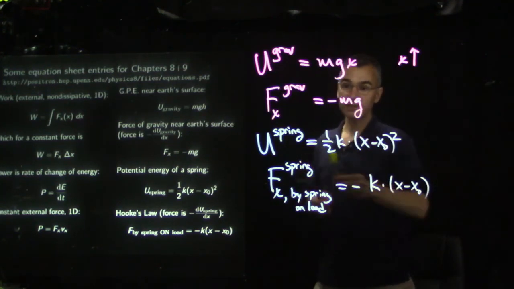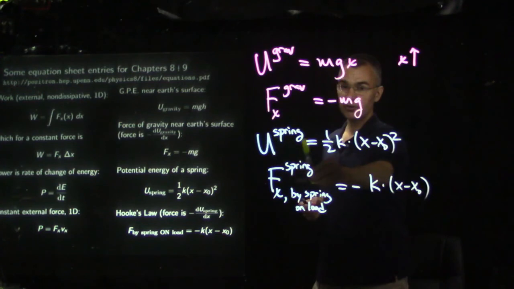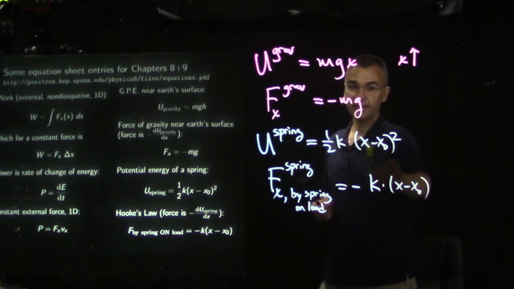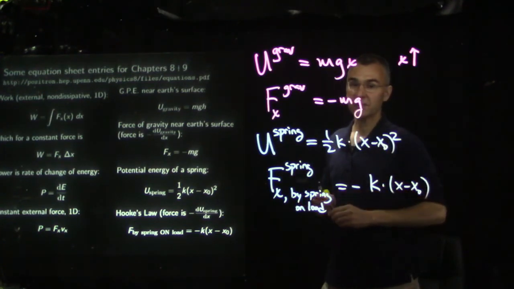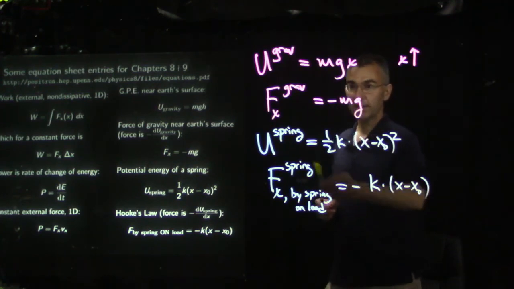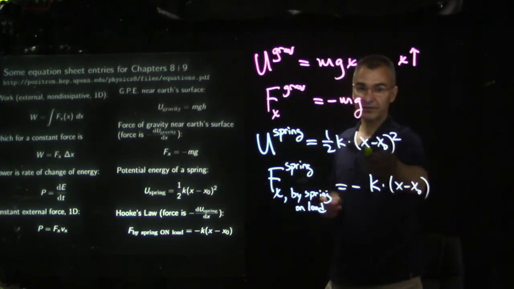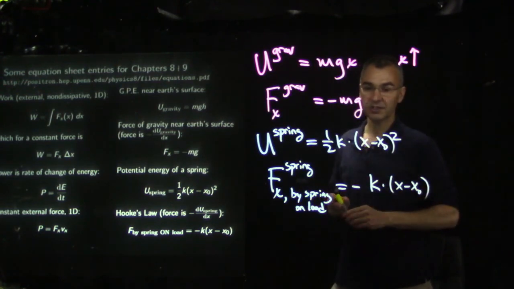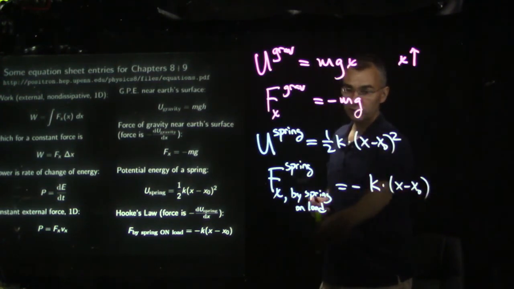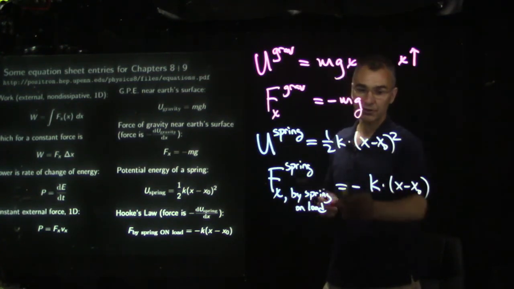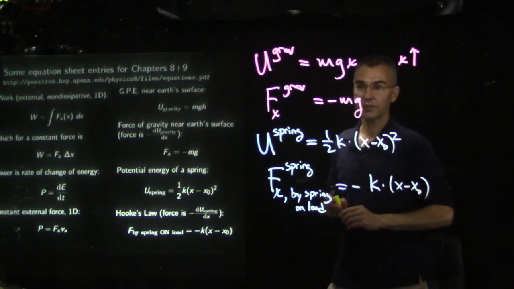For a spring, we have the potential energy stored in the spring is 1/2 k (x minus x relaxed) squared. And by analogy, if we take the derivative of this expression with respect to the position of the end of the spring, we get the force in the x direction exerted by the spring on the load, which is minus k times (x minus x relaxed).